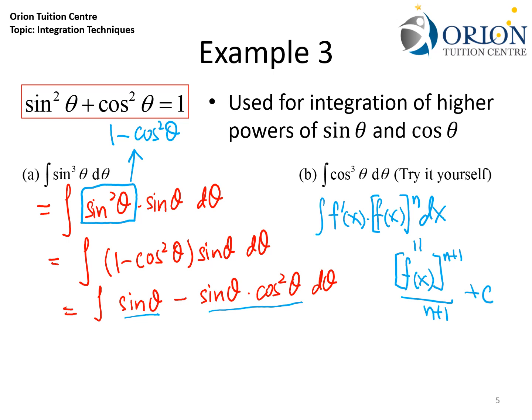So we can see very clearly that cosine theta is our fx and our n is 2. Because fx is cosine theta, our f prime x should be negative sine theta, which we have over here. Therefore, these two terms can be easily integrated to give us negative cosine theta plus cosine cube theta divided by 3 plus c.